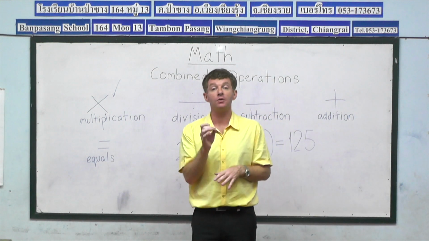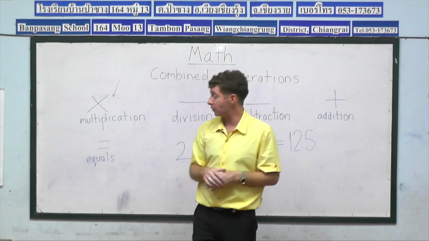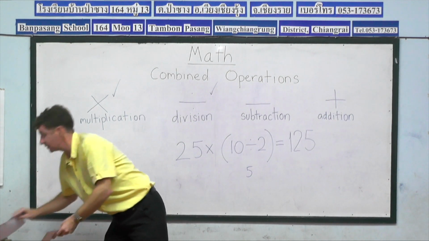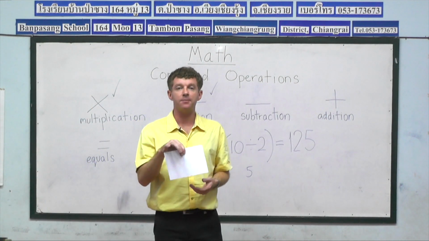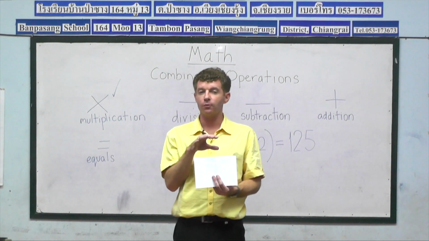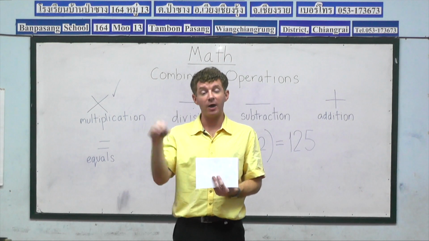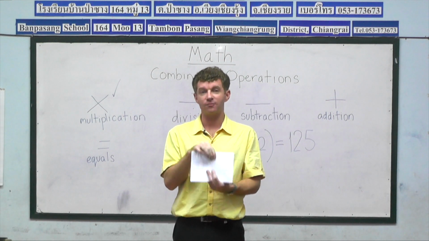So teachers, what you need to do now is just cut out and give each of our students their own blank piece of paper. And what our students are going to do now is spend some time in class thinking and working on their own combined operation.